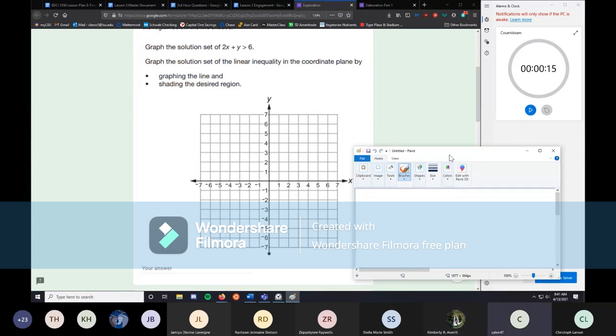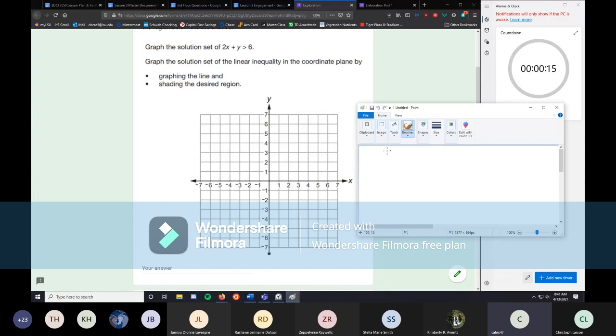So let's start off with this. We know what the point of the inequality is for the line. The easy way to find the point on the line is to substitute zero for either x or y. So Chris is going to draw the inequality, and we'll show you how to get the point.